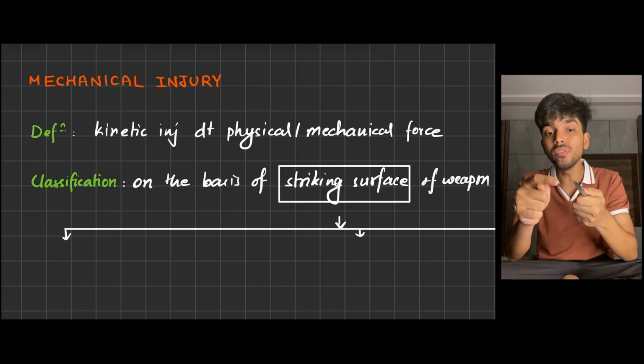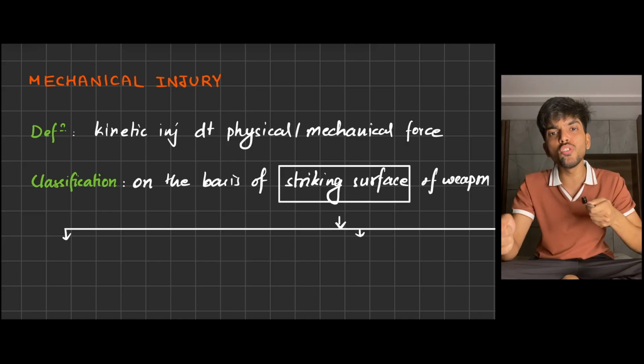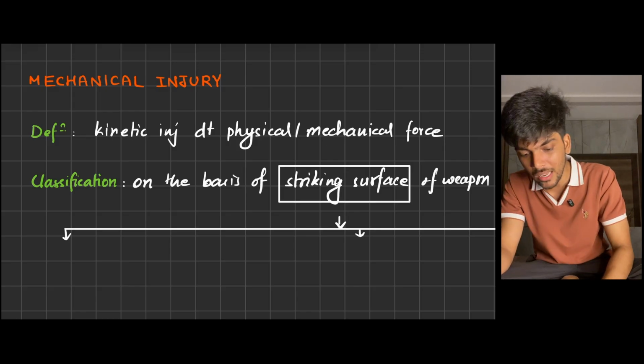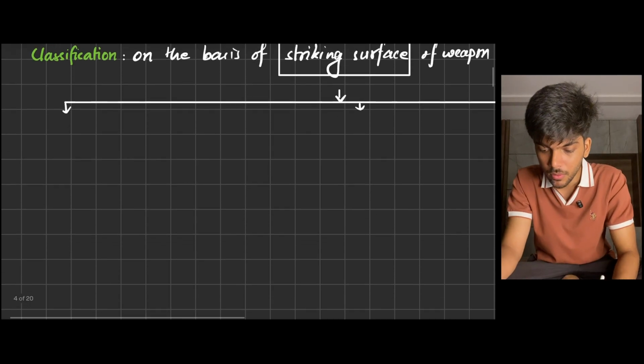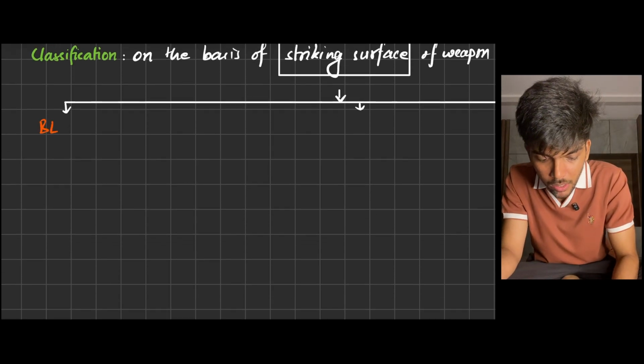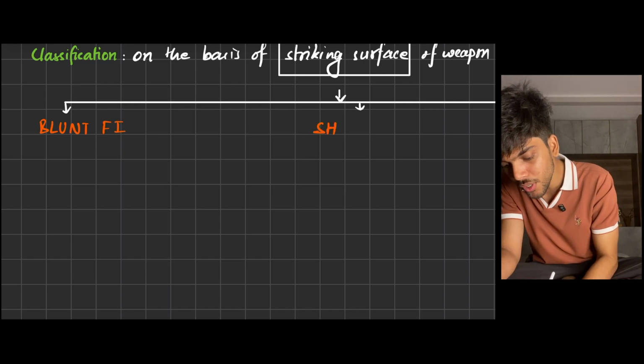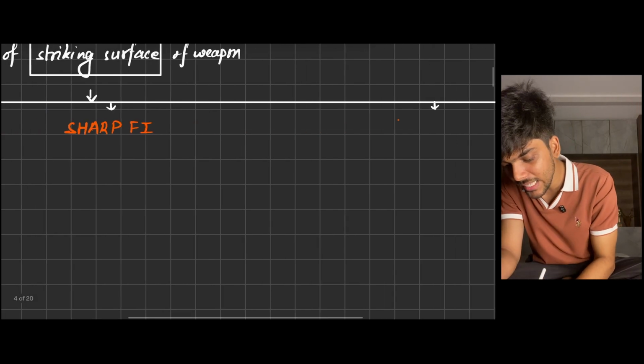And when I used the pointed end of the scissor to penetrate inside your body, it inflicted puncture injury. So that's how you have blunt force injury, a sharp force injury, and a stab force injury.